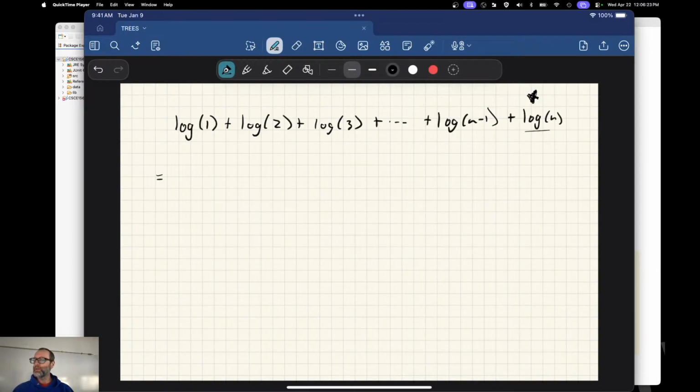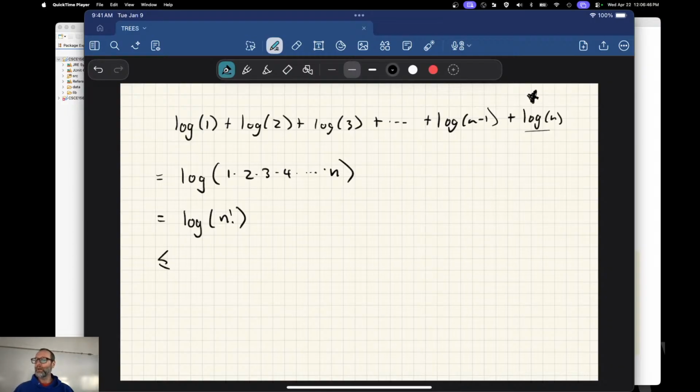This simplifies to log of 1 times 2 times 3 times 4 times ... times n. What is that thing inside? Gamma function, so n factorial. N factorial looks like a lot, unless you take the log of it.